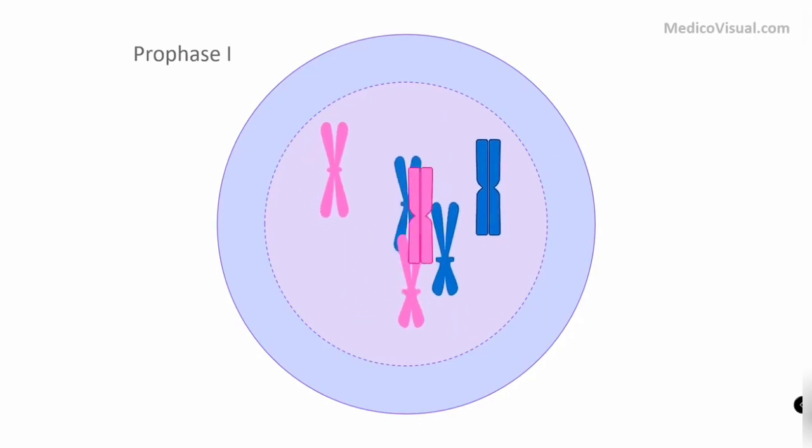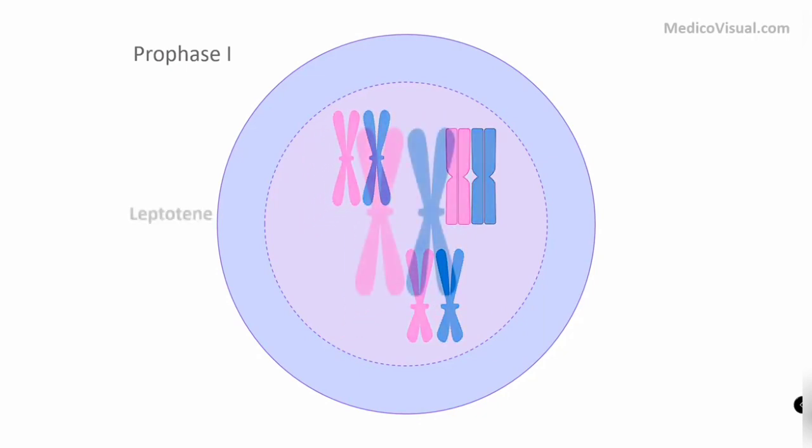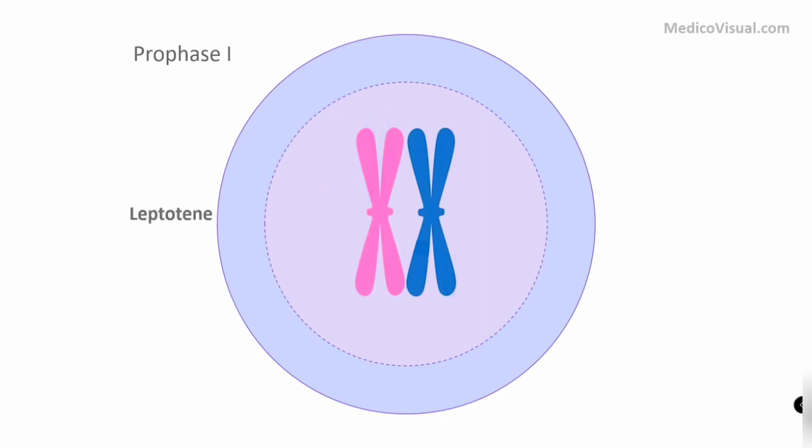So here I have shown a single pair of homologous chromosomes. I have removed others for the sake of simplicity. So in the first stage of prophase, first of all, what happens? It is similar to what happens in mitosis.